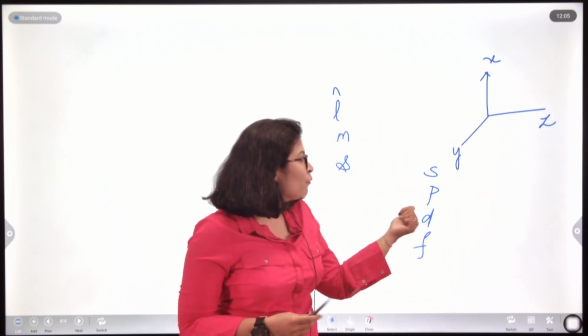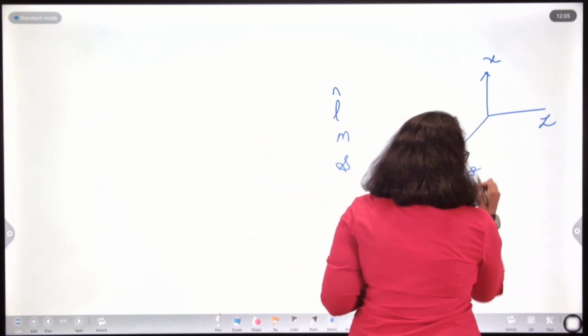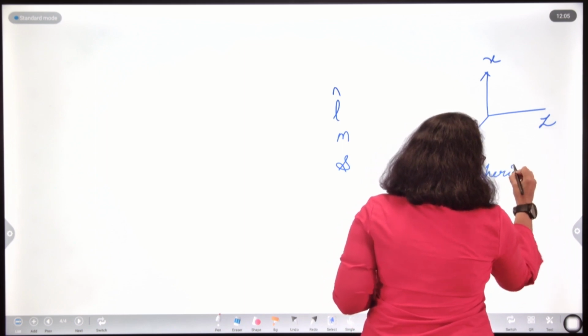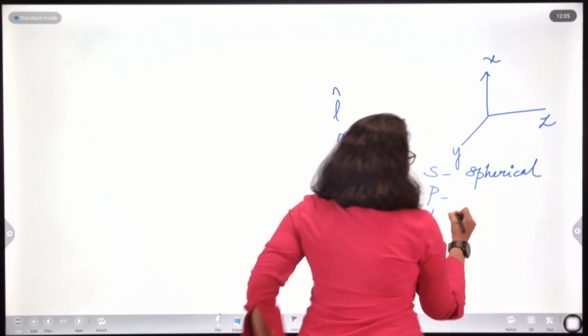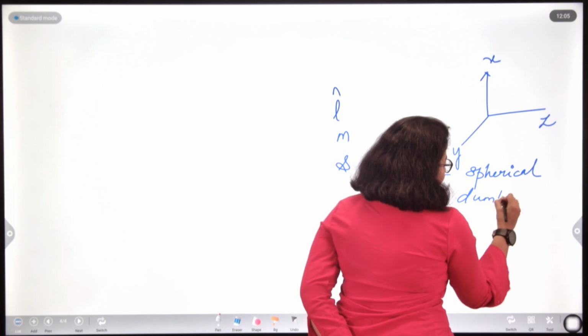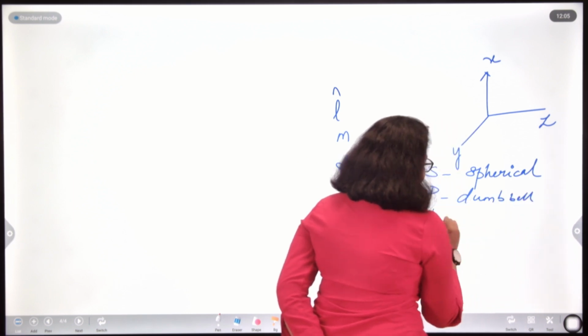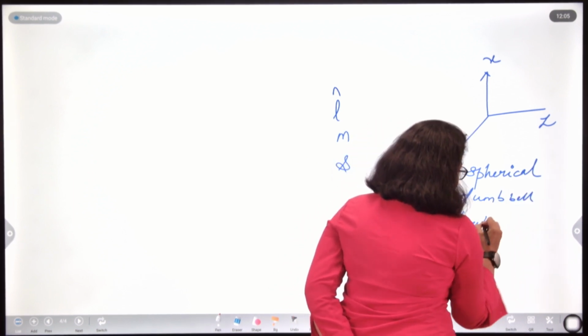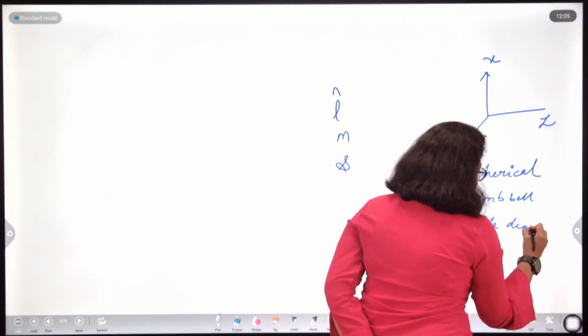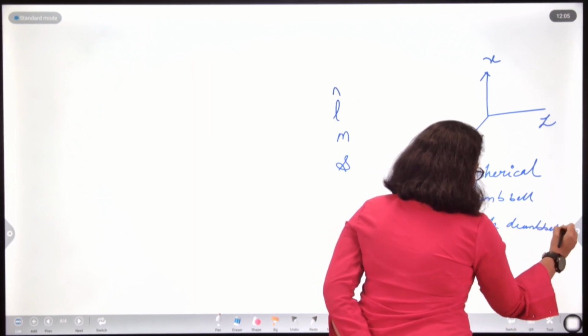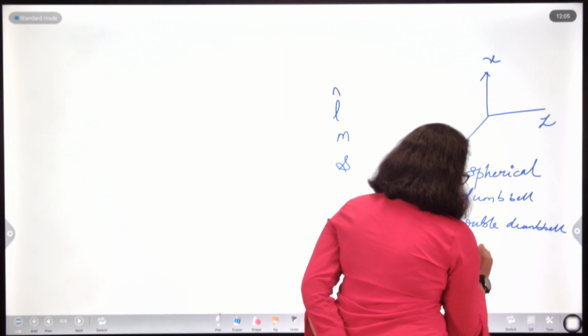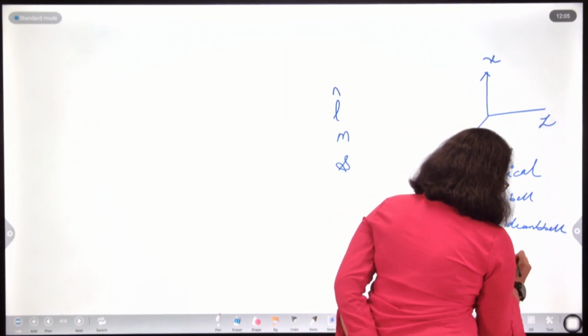So, the shape of s orbital was spherical, p is dumbbell, d is double dumbbell and f is fundamental or a very complex structure.